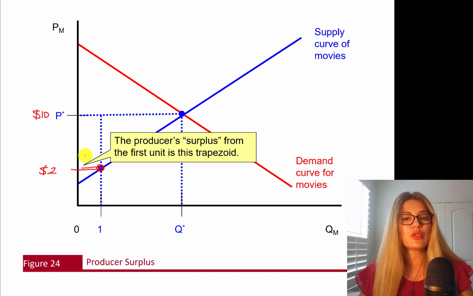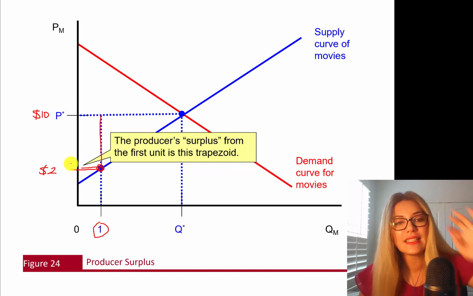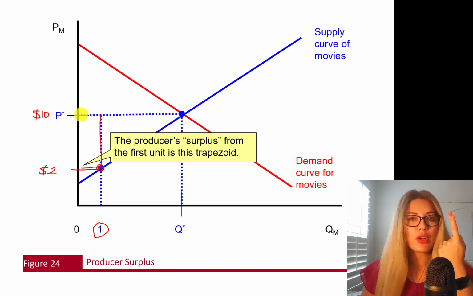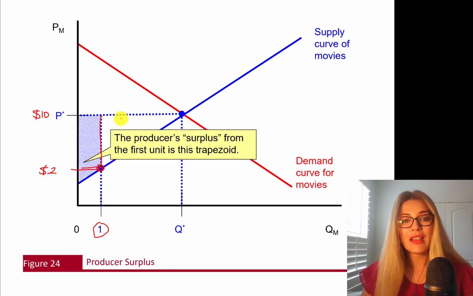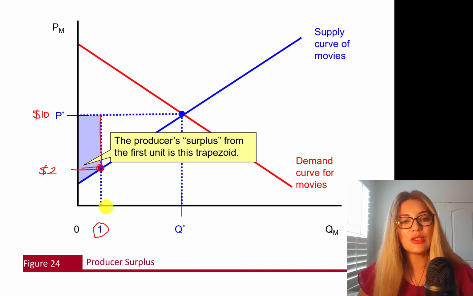Obviously, the producer surplus for the first unit will be that trapezoid. The first unit is literally this line, $8, but I want you to treat this first unit like the first 1 million units. Why? Because we don't sell only one burger. So it becomes a trapezoid because it becomes continuous.